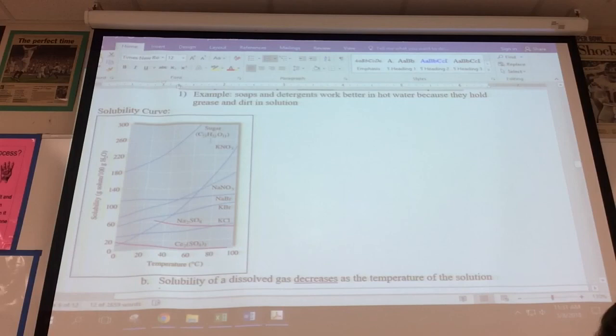So sugar is a covalent compound, all the others are ionic. What else do you see on the graph that jumps out at you?